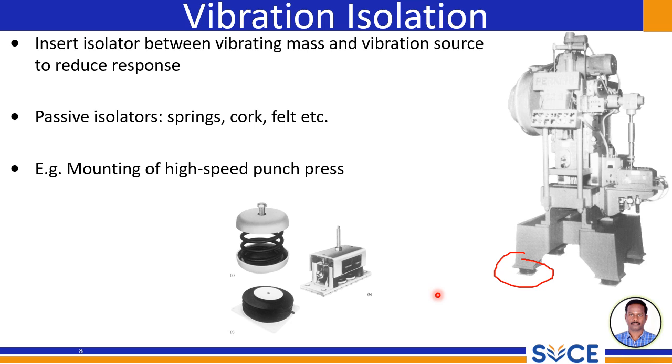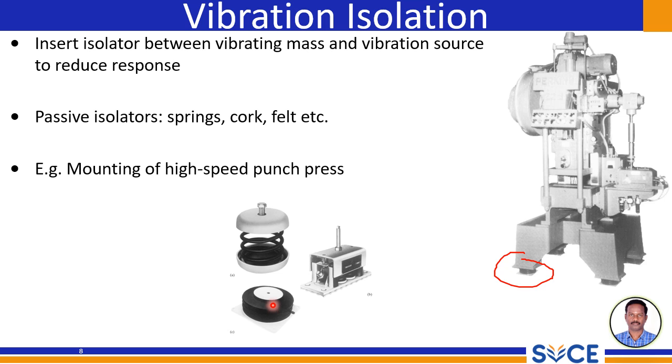And we are also able to see different types of isolators here. You can see the spring-based isolator as well as other types of isolators which use elastomers and other materials.